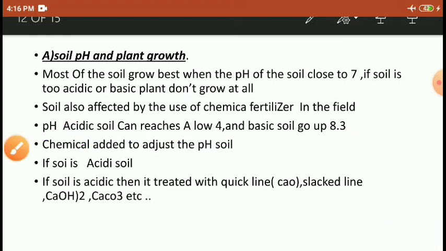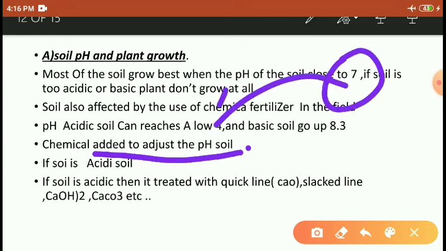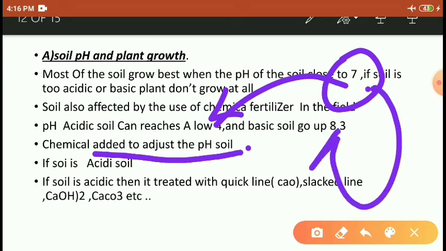In that condition, chemicals are added to adjust the pH. If the soil pH moves from 7 down to 4, or up to 8.3, then to bring the soil back to less than 7, we have to add something to adjust the pH. How do we adjust the pH?